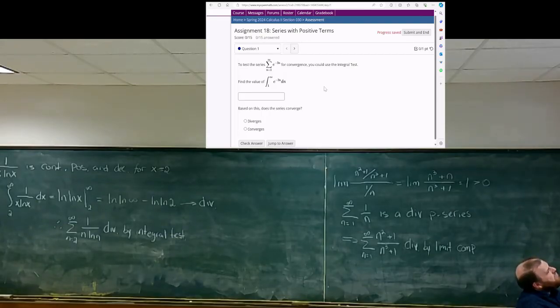So we want to use integral test on that series. And they're nice enough to actually set up the integral for you. What does that integral evaluate out to? You can either do it by hand or just plug it into a calculator.